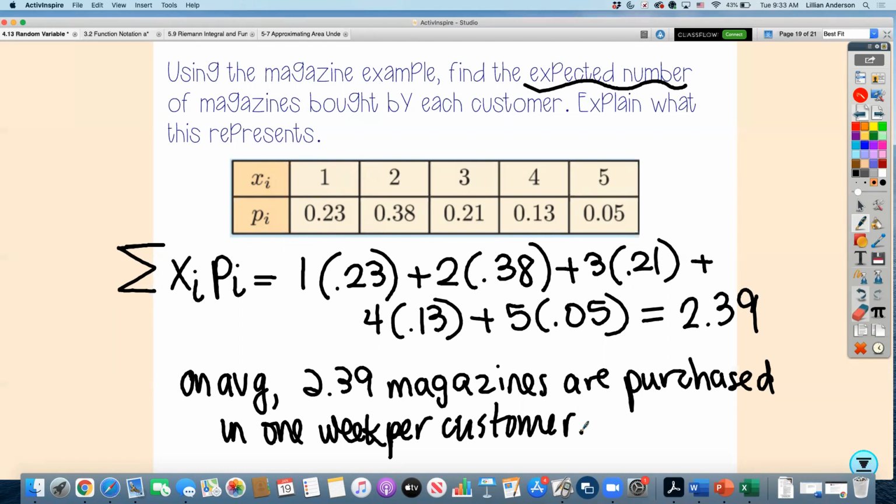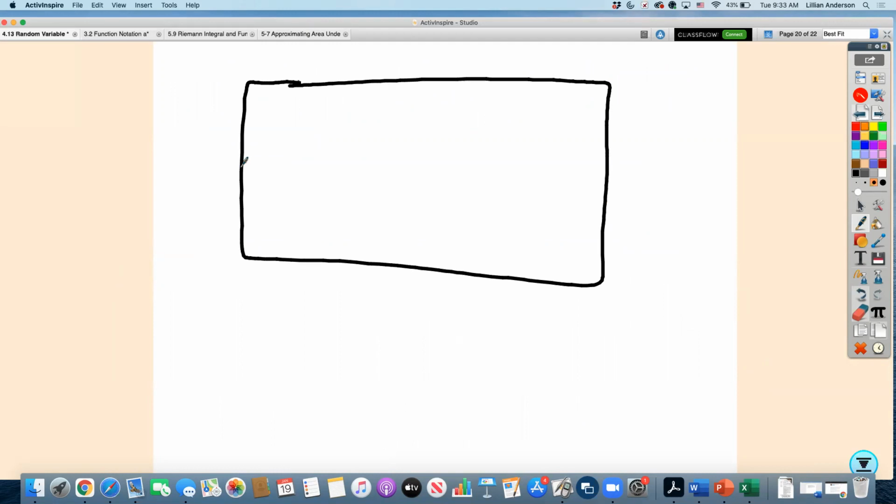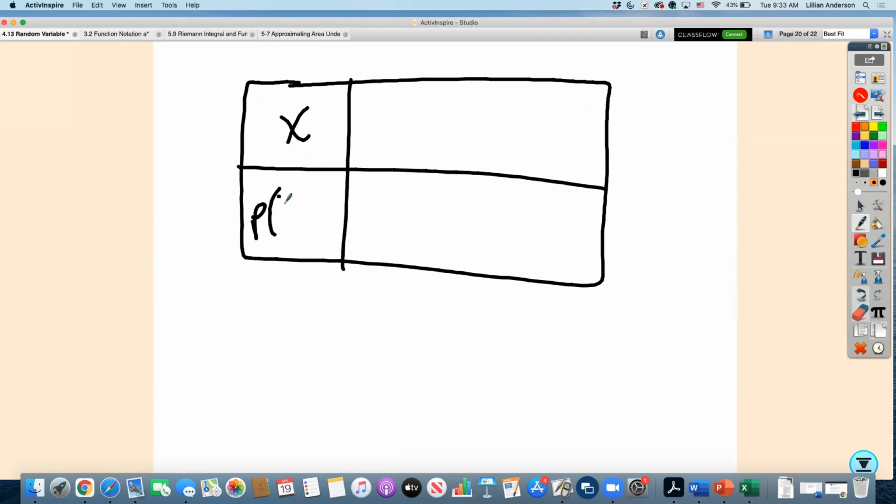What if I gave you, I'm gonna add this in, what if I gave you a probability distribution table? No description, no nothing, okay?